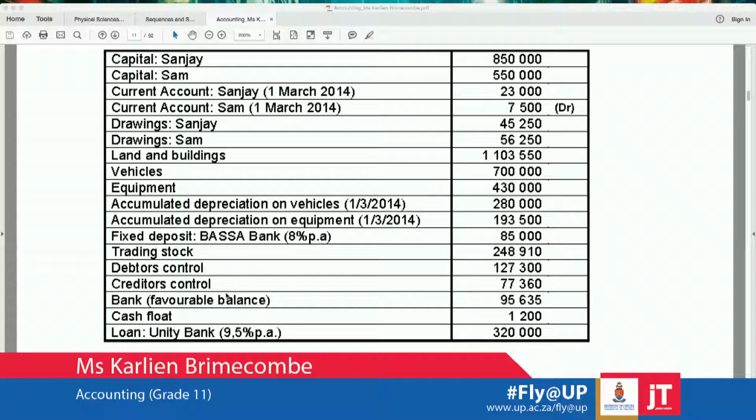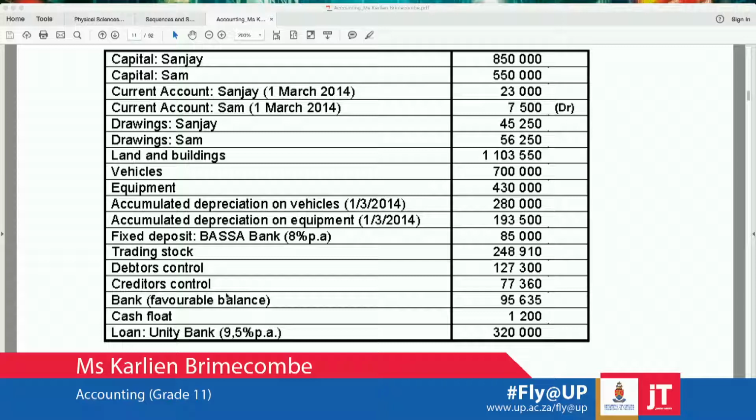So what do you think on the face of the balance sheet that amount in brackets means? They've already taken that. That's the cost of this. Look, land and buildings. The cost of vehicles and equipment. Can't you take that? No, we have to work out. Okay, so you have to wait for the adjustments.